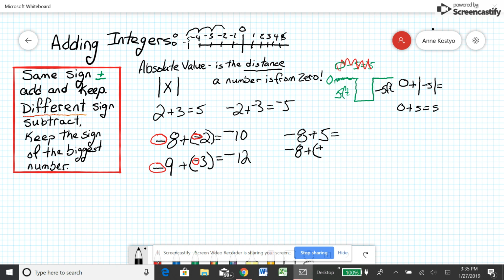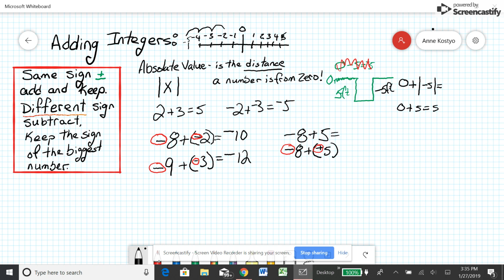Well, if it doesn't have one, it is positive. Now we can see that we have a -8 and a +5.